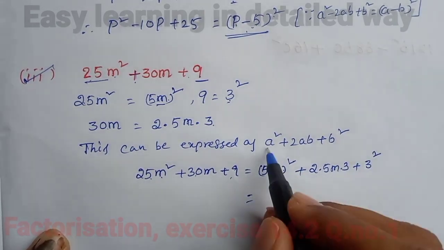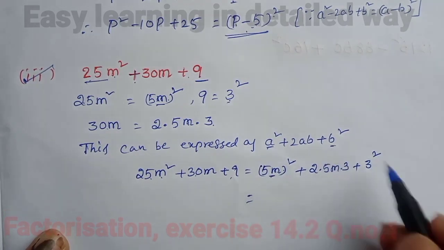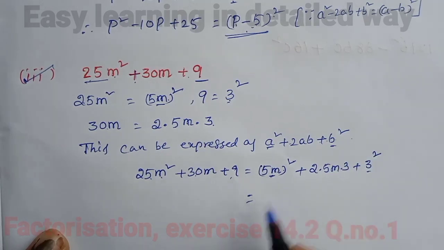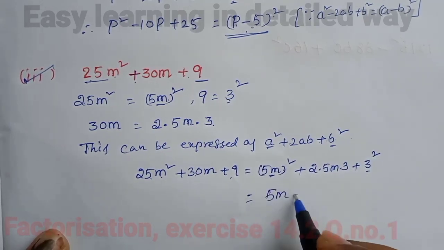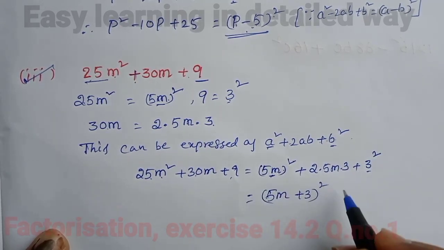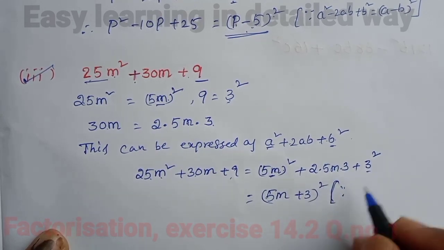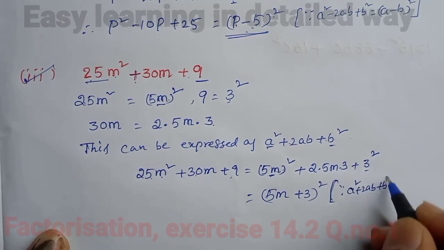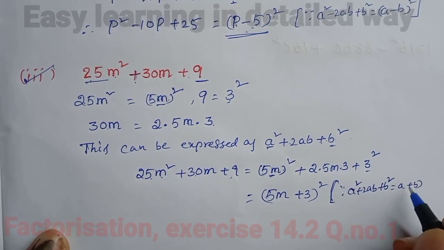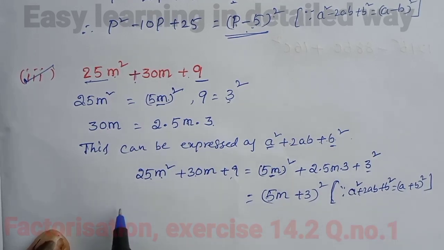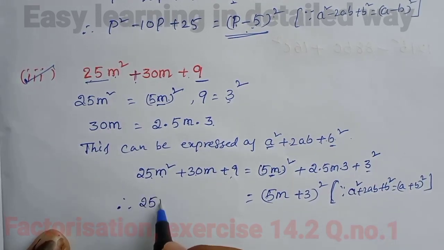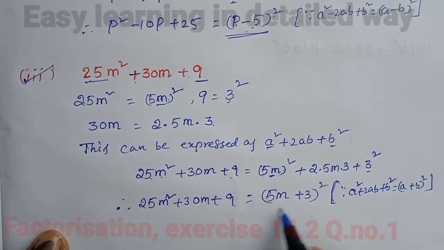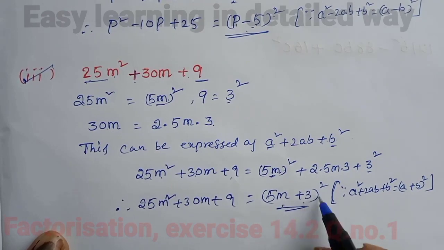So a as 5m, b as 3. So a square plus 2ab plus b square is equal to a plus b whole square. In the same way, it will be 5m plus 3 whole square, because of the identity a square plus 2ab plus b square is equal to a plus b whole square. So therefore 25m square plus 30m plus 9 is equal to 5m plus 3 whole square.